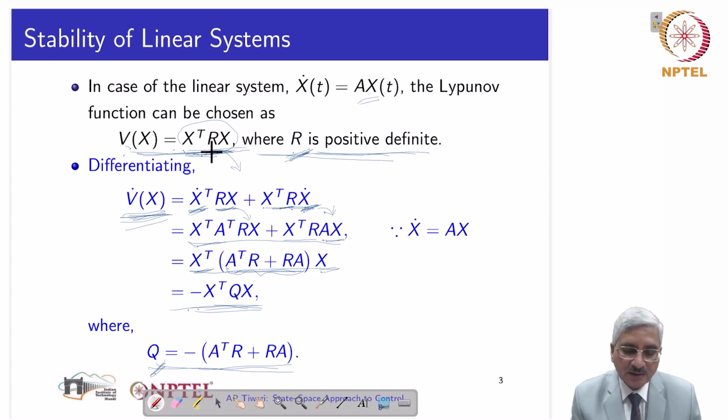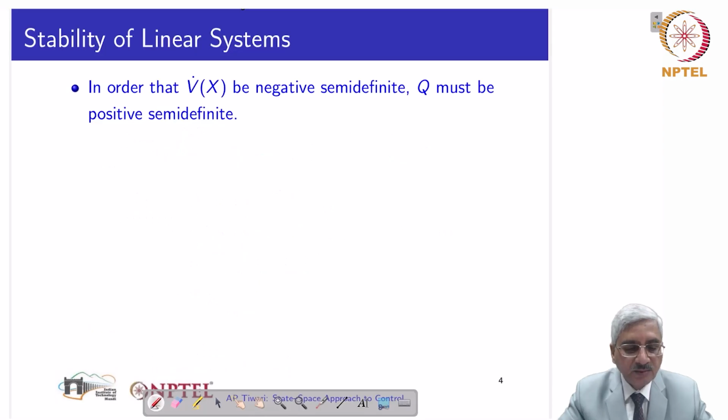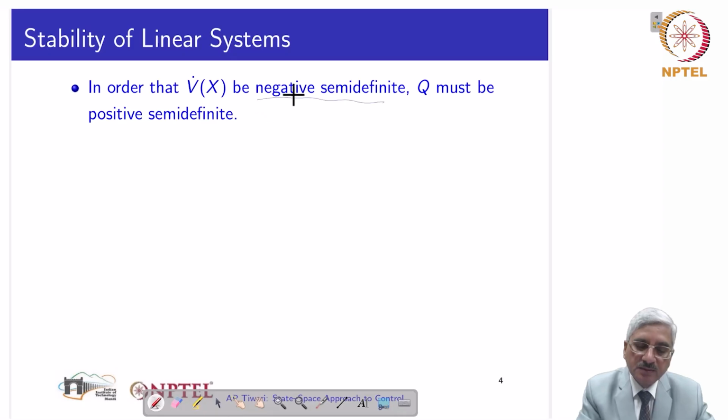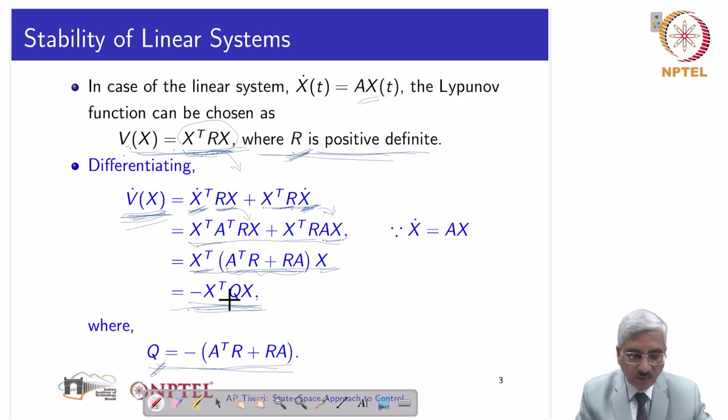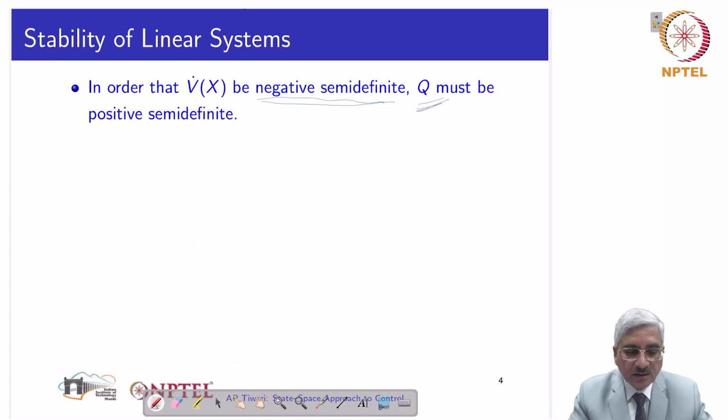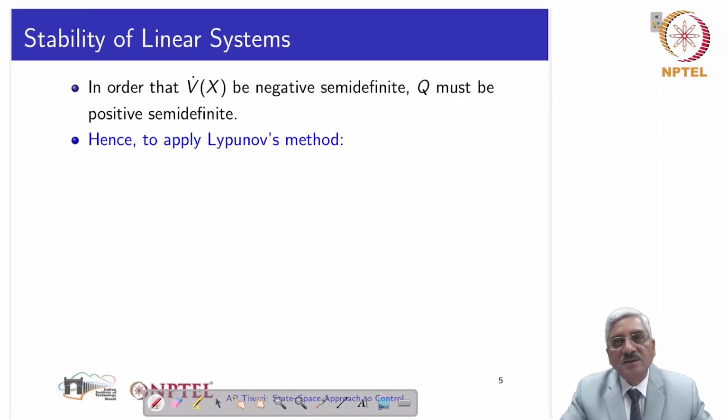So Vx is a Lyapunov function, and V dot, if it comes out to be negative, then the system will be stable. For V dot x to be negative definite or negative semi-definite, Q must be positive definite, because it is the minus Q which is coming here, x transpose minus Qx. So if Q is coming as positive semi-definite, then V dot x will be negative semi-definite, and that means the system will be stable.